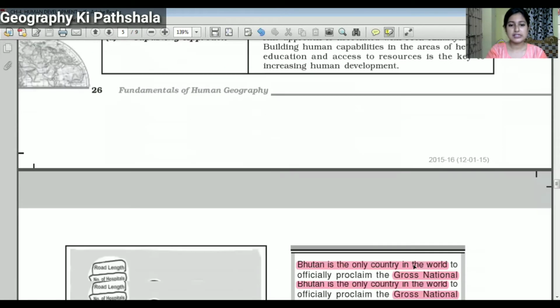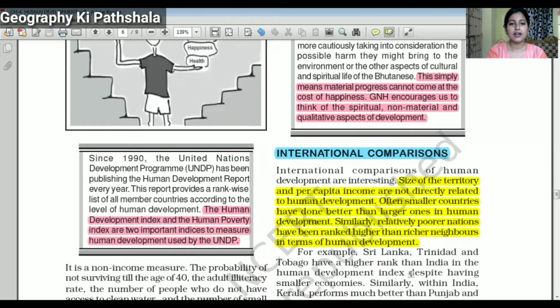Here one piece of information is given: since 1990, the United Nations Development Programme, in short UNDP, considers the Human Development Index and the Human Poverty Index as two important indices to measure human development. The Human Poverty Index is basically a non-income measure.